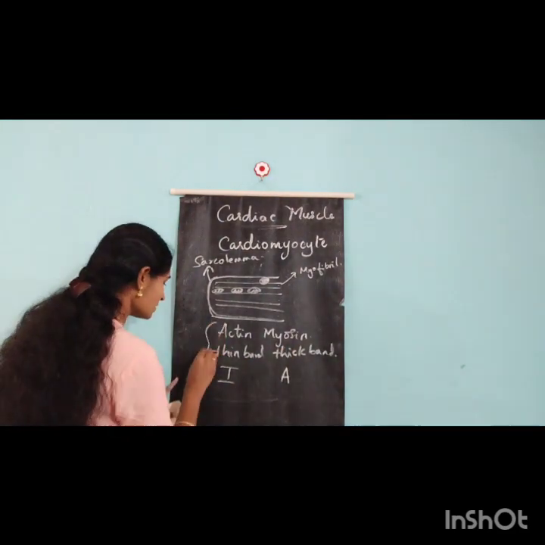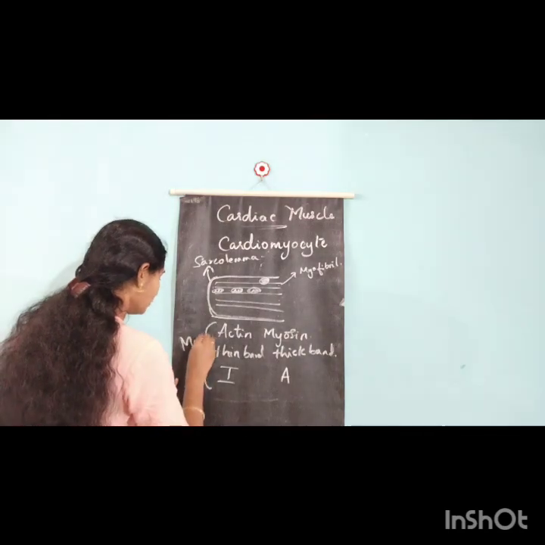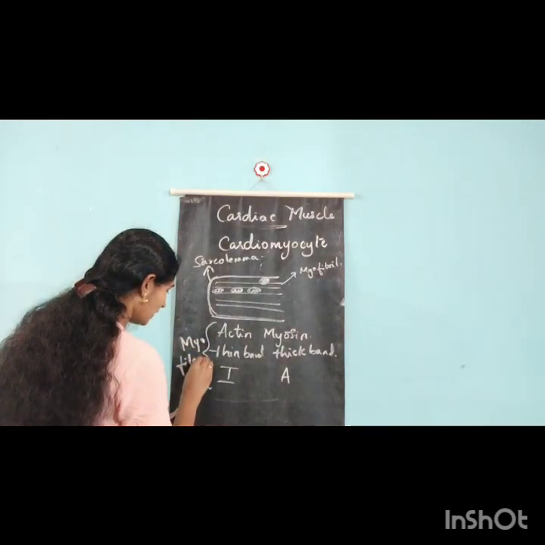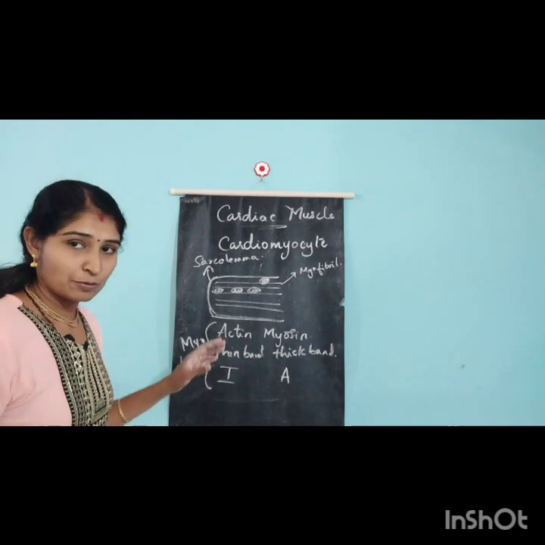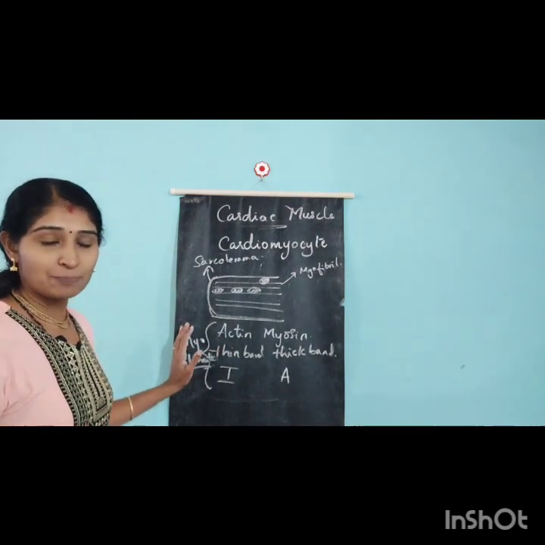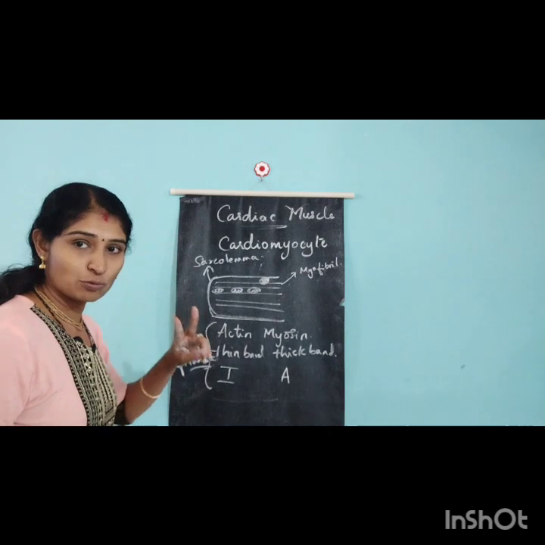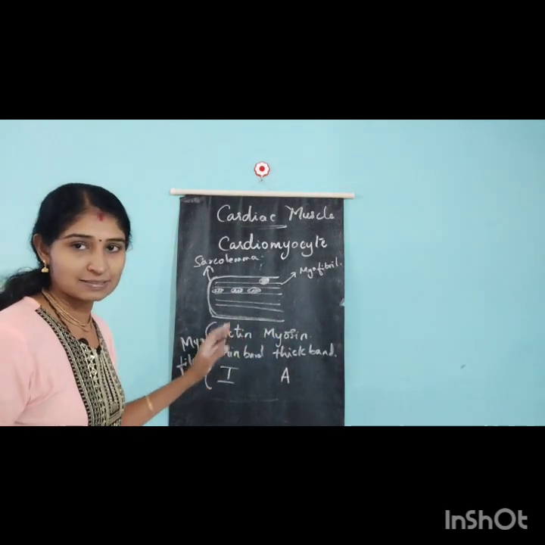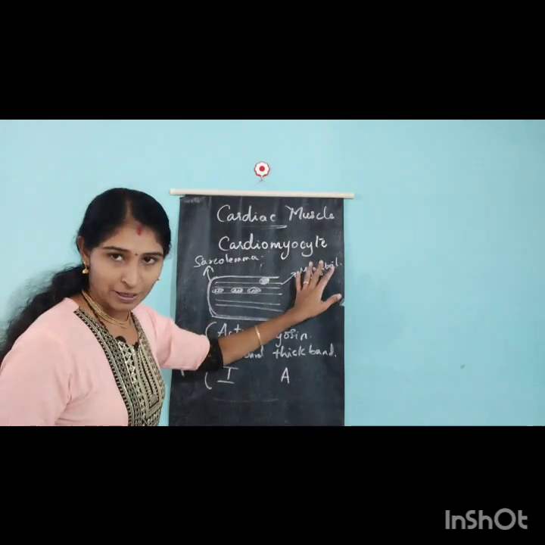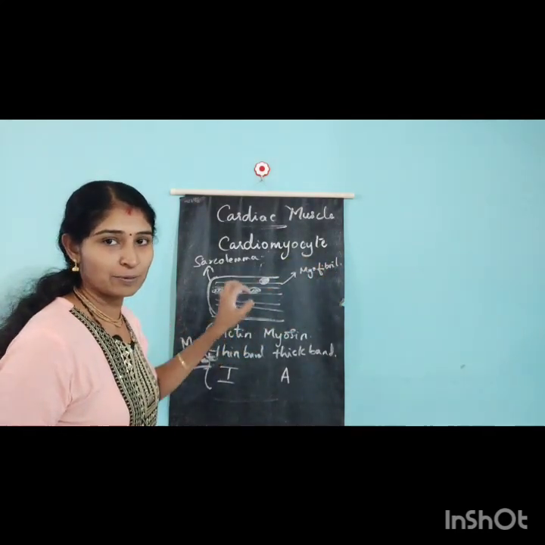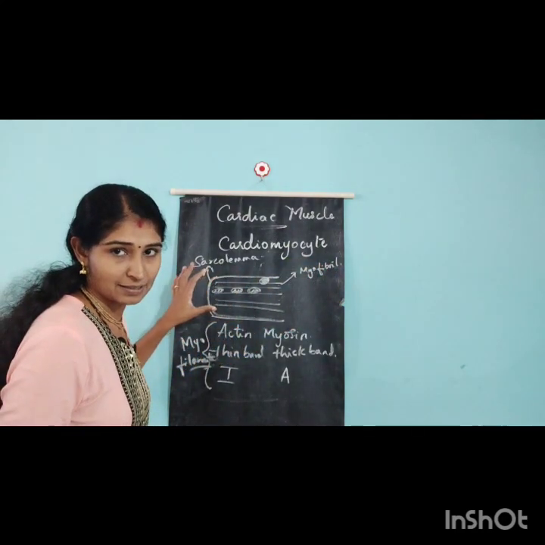So what is this? Myofilaments. Once again, I am going to explain. Myofilaments, it contains two proteins, actin and myosin, that is thin band and thick band. This myofilament is going to form the myofibril, and many myofibrils are present in one cardiac cell.